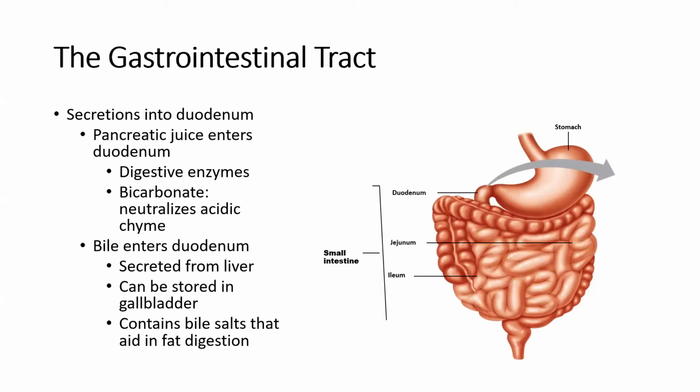There's also bicarbonate that's helping to neutralize the acidity of the chyme that's coming in from the stomach. So remember, the contents that are coming down from the stomach to the intestines are very highly acidic. And so we want to start neutralizing that acidity by secreting bicarbonate into the lumen of the intestine, which will help to neutralize that chyme.